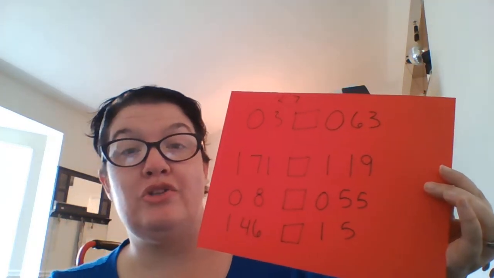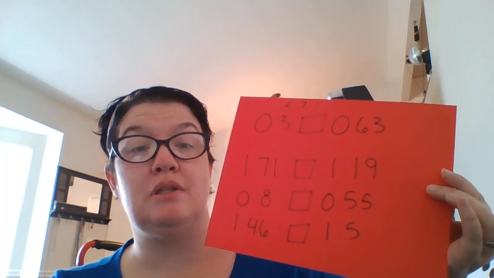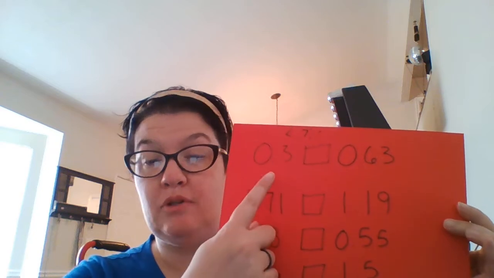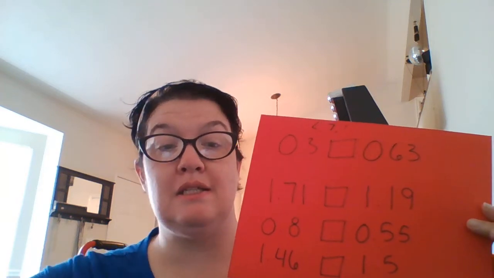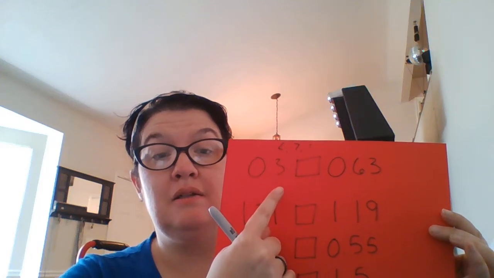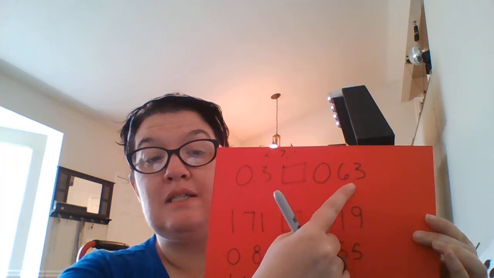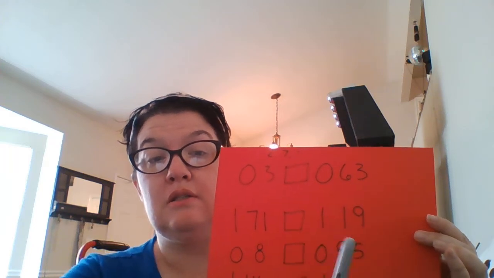So decimals are very similar to comparing whole numbers. For example, this one up here is 0.3 or 3/10 compared to 0.63 or 63 hundredths. Let me fill in those decimals a little bit better.